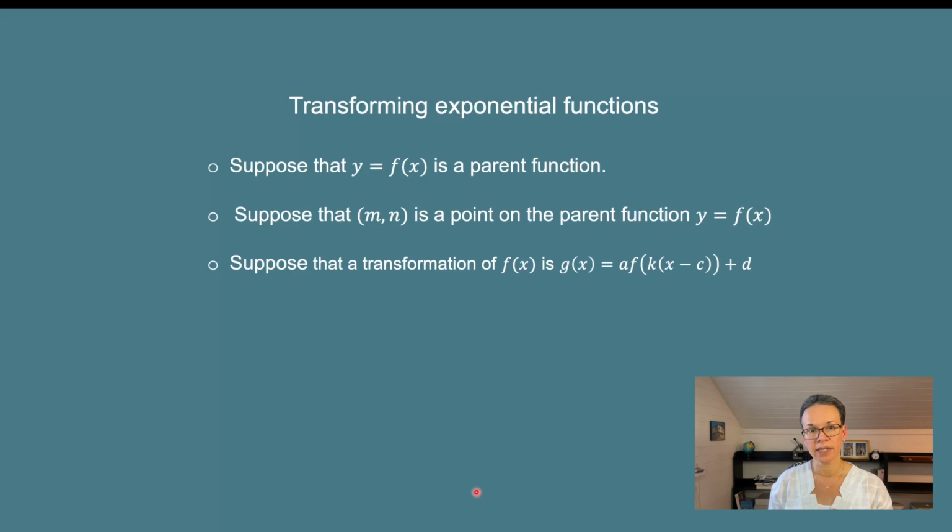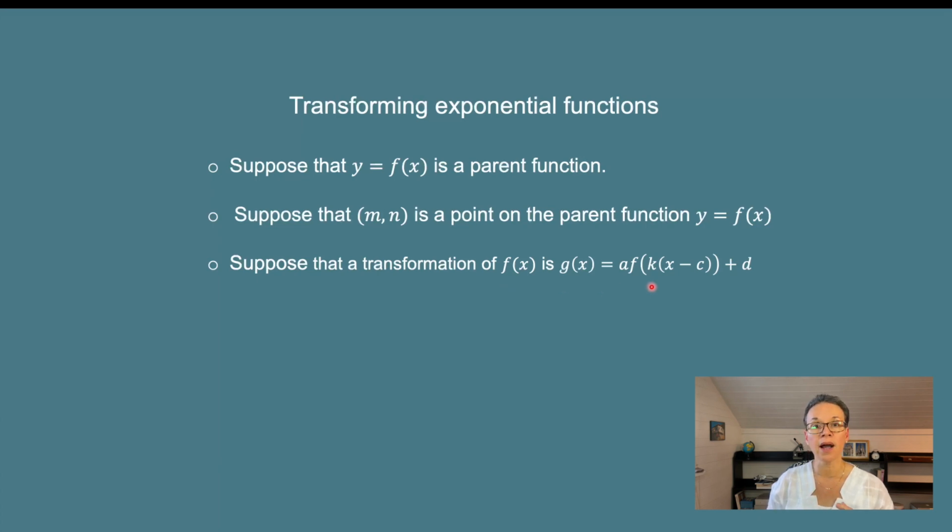We will start by assuming that y equals f of x is a parent function and that the point (m, n) is a point on the parent function f of x. We will also assume that g of x is a transformation of f of x.